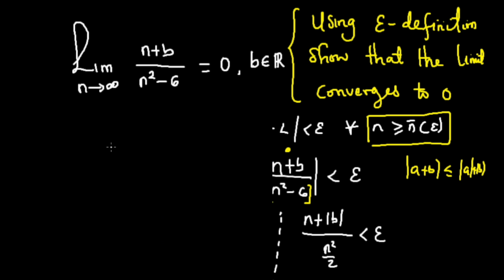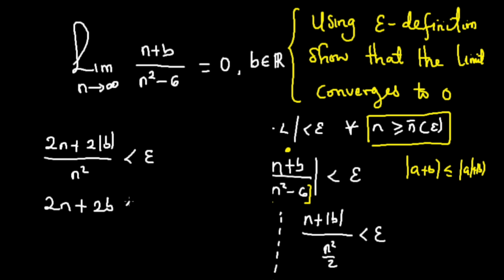Okay, so let's bring together the whole expression and get our answer quickly. If I do the whole calculation here, I'll be having something like 2n plus 2b over n squared less than epsilon, right? So in that case, I will just have 2n plus 2b less than n squared epsilon.